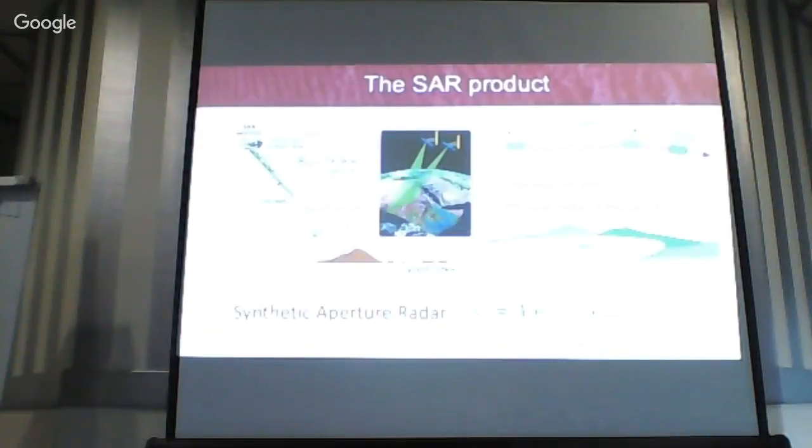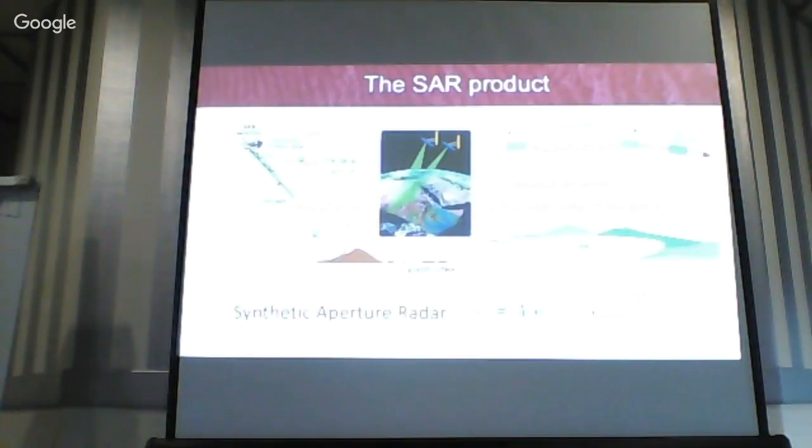The size of the satellite is not so big, but what we do is use different positions along the path and combine them to produce a single image. This is why it is called a synthetic aperture. So it behaves as a very big antenna, say hundreds of kilometers, and that's how it gets this very high resolution on the ground, which in fact depends on the direction.